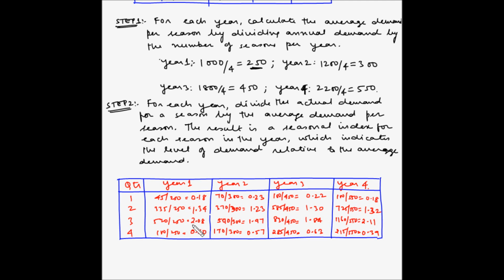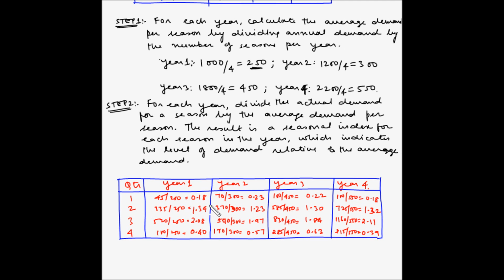For Q3, 2.08, 1.97, 1.84, 2.11, and for Q4, 0.4, 0.57, 0.63, 0.39. This is because of the relative demand being highest in Q3 and lowest in Q1.